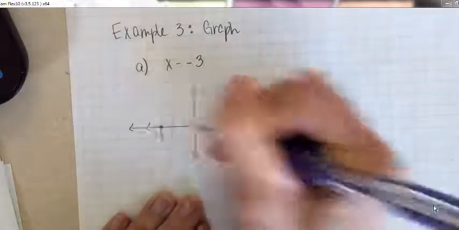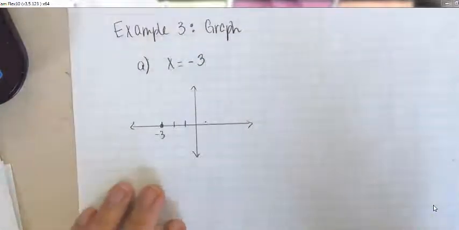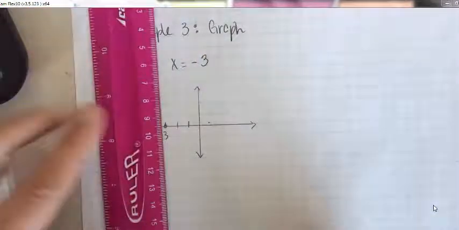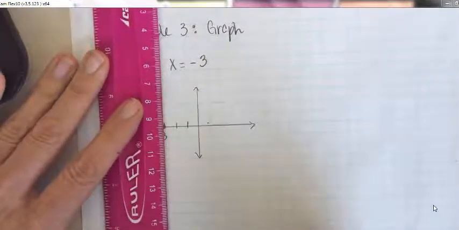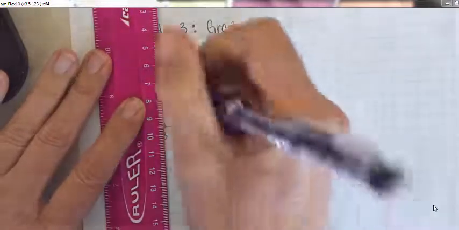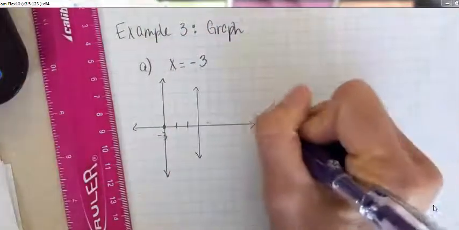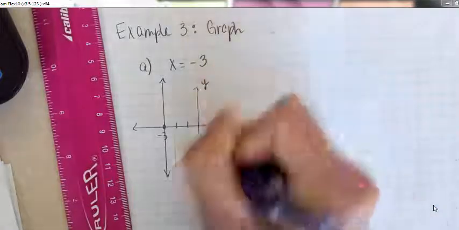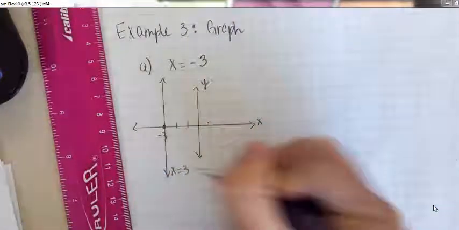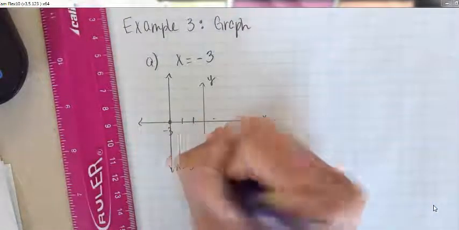The x-intercept is (-3, 0). And the line is vertical. It just looks like this. So I'll label my x-axis, my y-axis, and I'll also label my graph. Oops, that's -3, sorry.